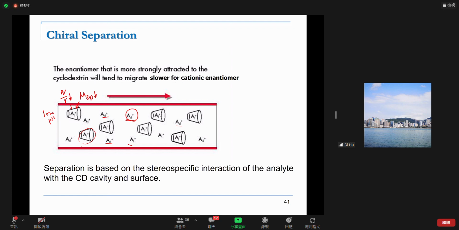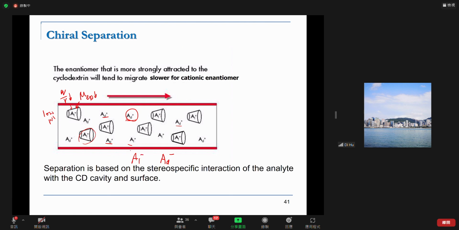So question: how about for those negatively charged enantiomers? Let's say at a high pH, now you have enantiomers D minus and L minus.